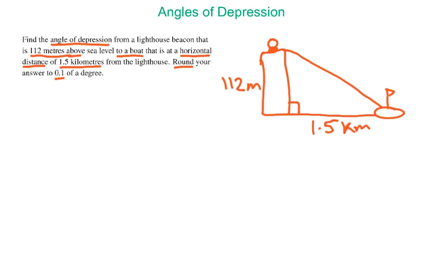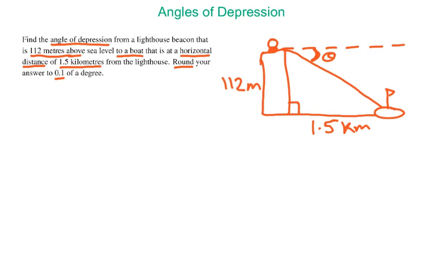And the other thing is we're now talking about the angle of depression. So it's talking about this angle here, which is actually outside of our triangle, but that is where the angle of depression sits. So they're asking us to find this angle here, which means we need to think about how we may do this.